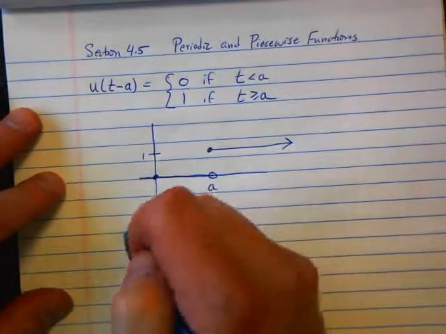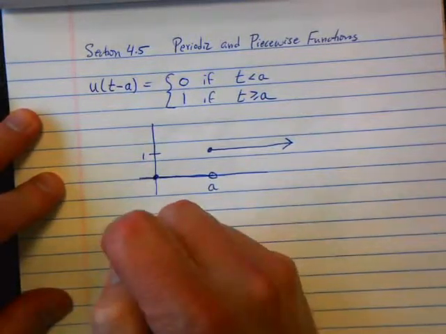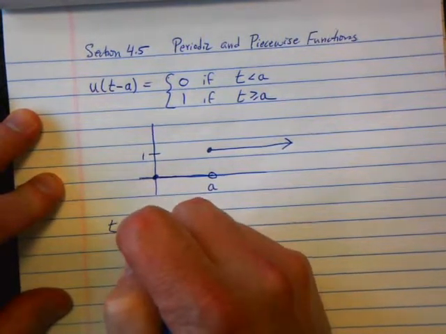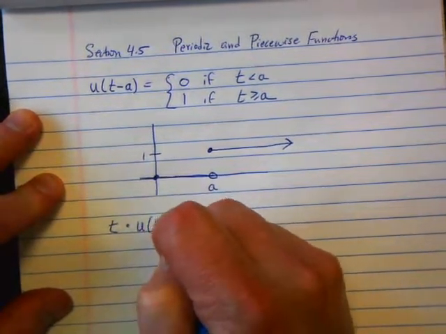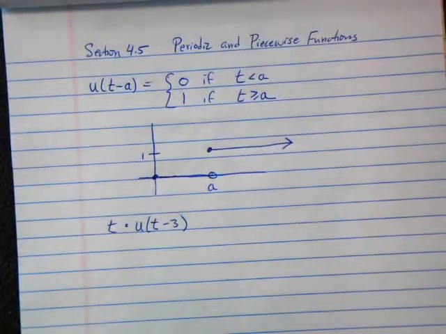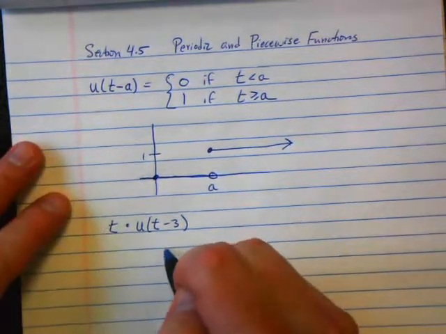So what would this function look like? t times u of t minus 3. If I were to graph that function, what would it look like?